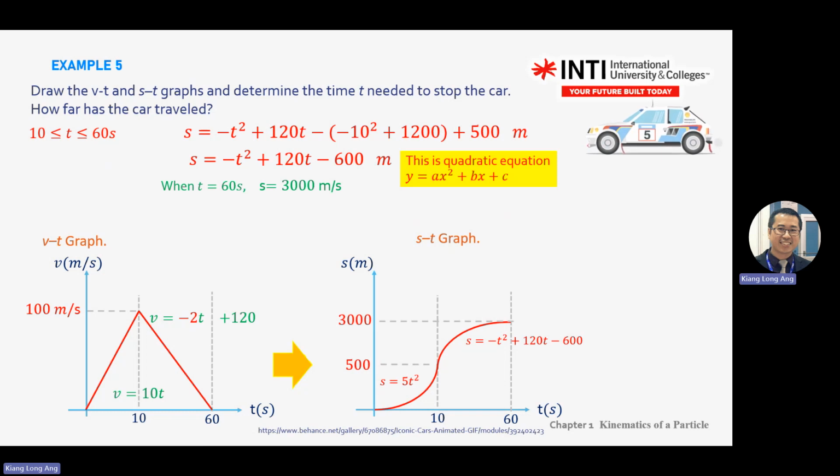What is the distance traveled by the car before it comes to the stop after 10 seconds? Then you get confused already. Maybe you will give 3,000. The answer is take 3,000 minus 500. This is the distance traveled after 10 seconds, before it comes to stop.